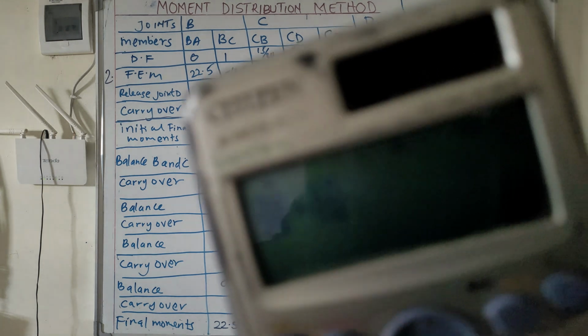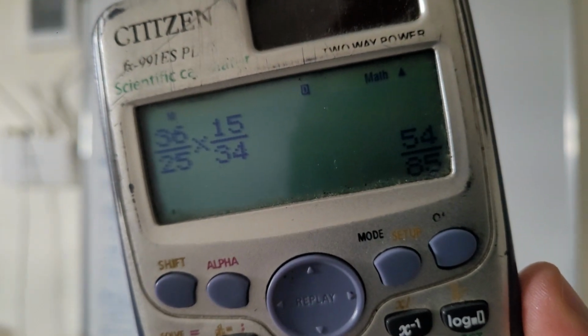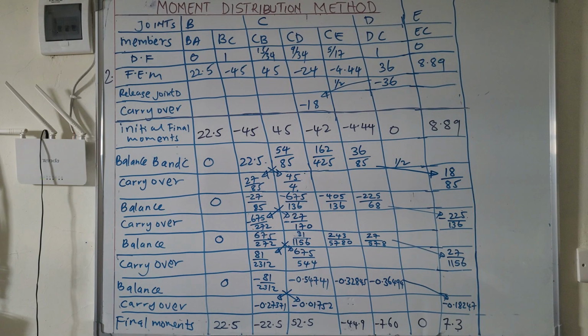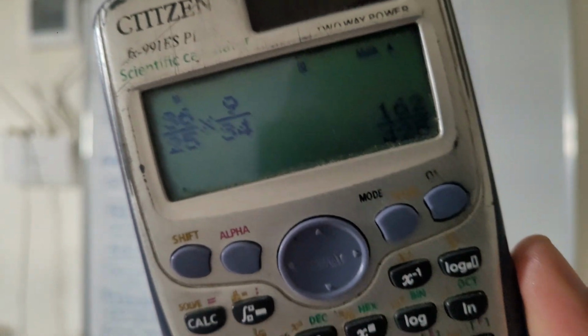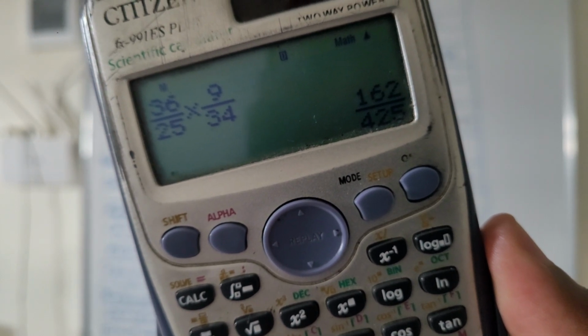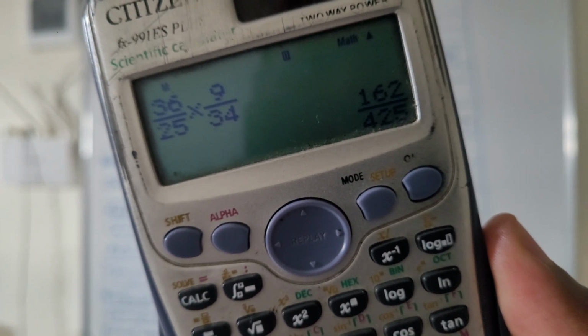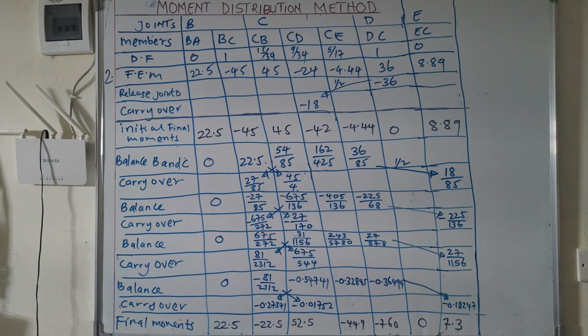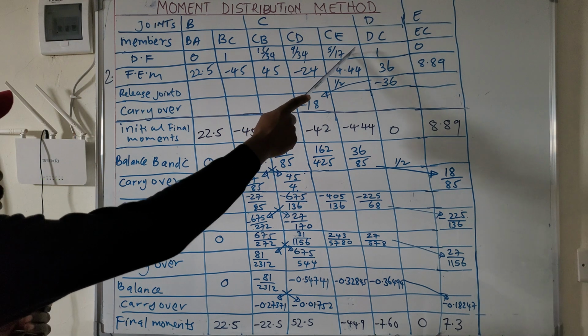Again, you take positive 36 over 25 times 9 over 34. The answer is 162 over 425. Again, you take 36 over 25 times 5 over 17.